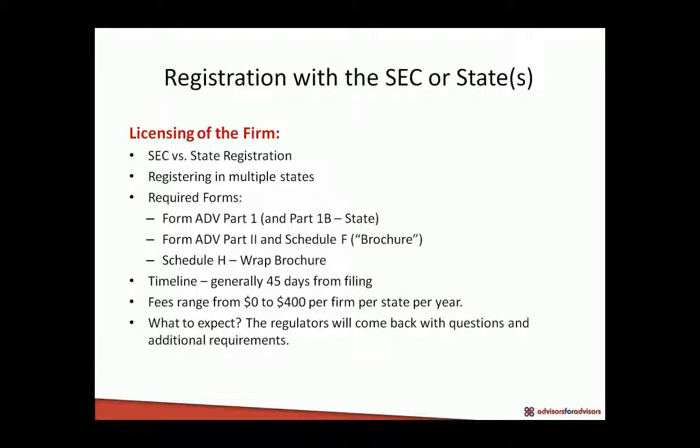Generally, Form ADV Part 1 is going to be filed online, and it's really the background information of your firm that the regulators require for mostly statistical purposes. Part 1B is state-specific, and that requires additional information that various states will require in terms of registration.